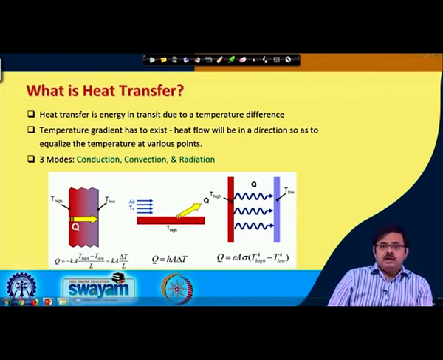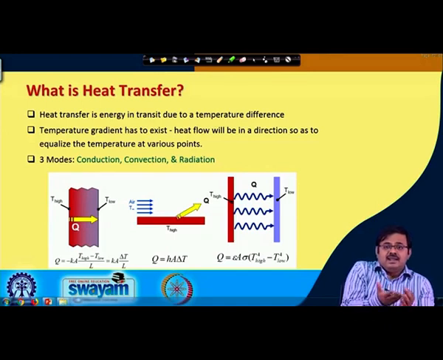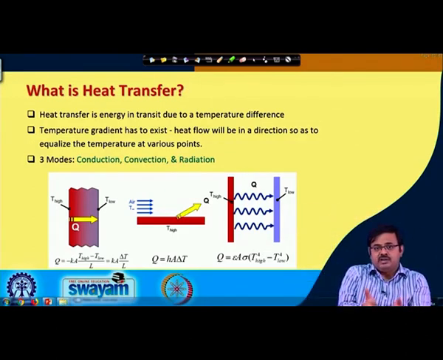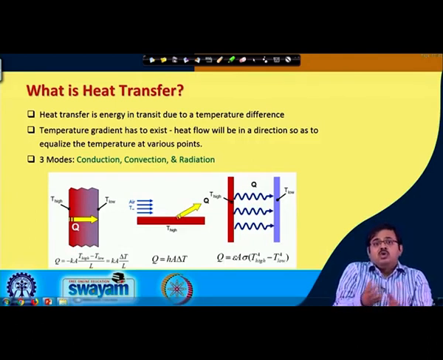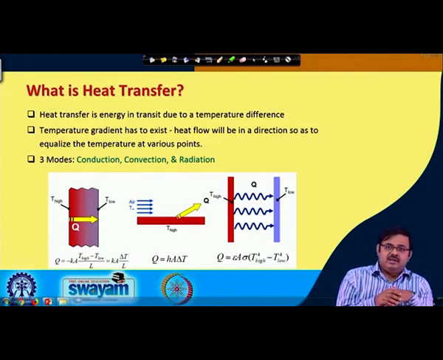Because the air that is right next to the hot surface will pick up heat, and as it gets heated, its density goes down, it becomes lighter, it moves up. As it moves up, there is a partial vacuum created, and cold air from the surrounding comes down to occupy that void, which in turn again gets heated and rises up. So, this is natural convection occurring due to density difference.